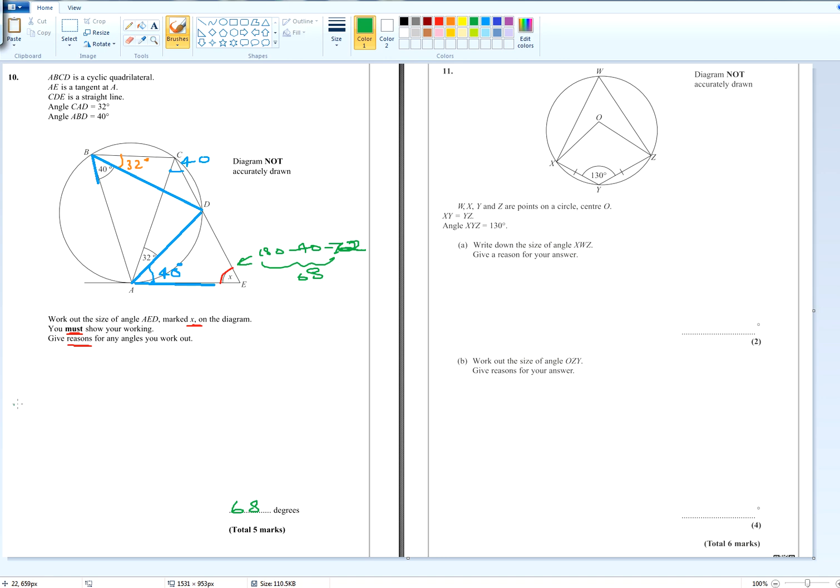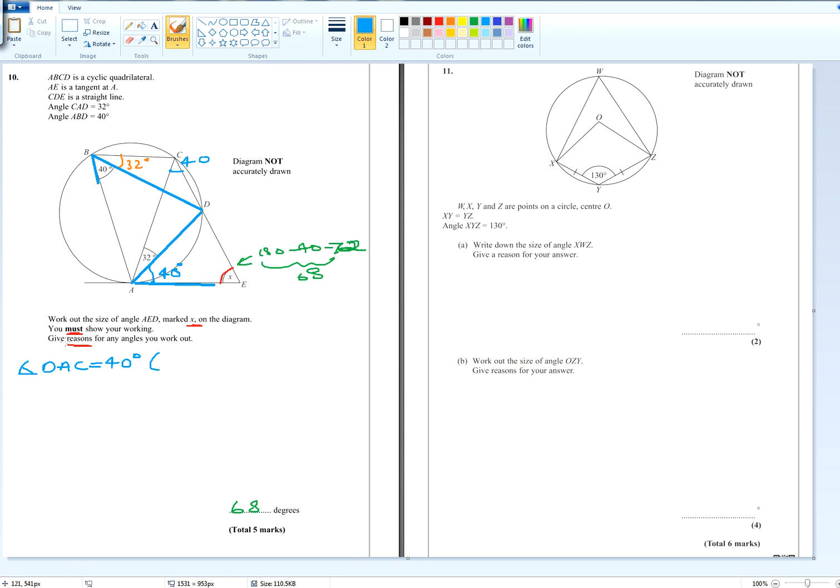Okay, so what did we say? We said, this spotted by Junaid, angle DAE is equal to 40 degrees. Why is that?